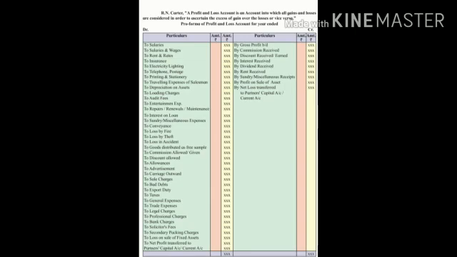All administrative expenses, all financial expenses, all selling expenses are recorded on the debit side, and on the credit side all incomes are recorded. From the profit and loss account we come to know whether the business is earning a net profit or suffering a loss. So the profit and loss account is a very important account of the final accounts.